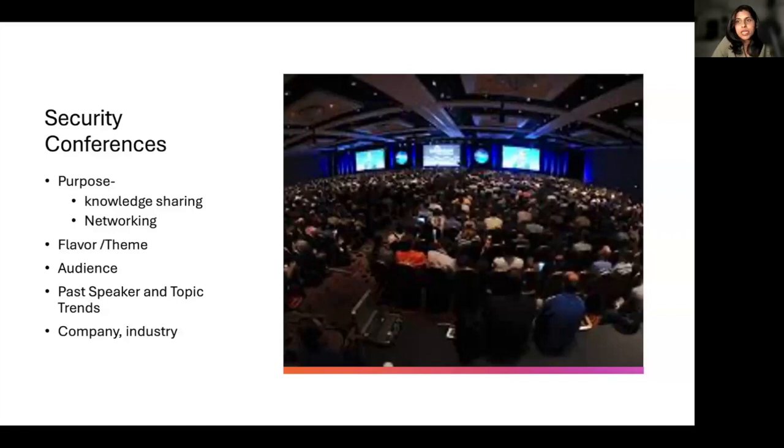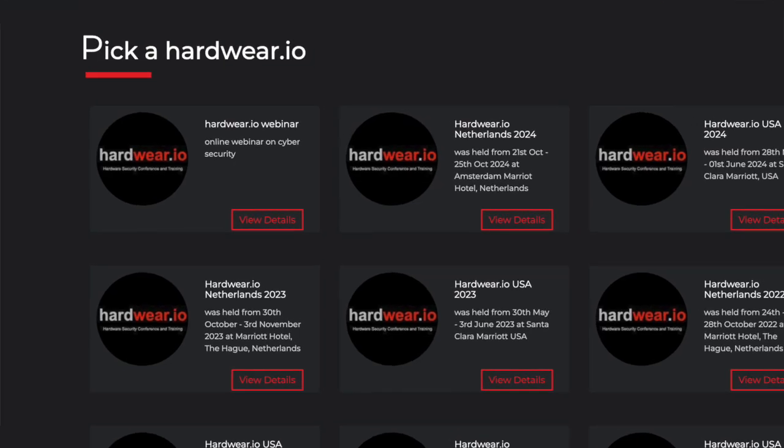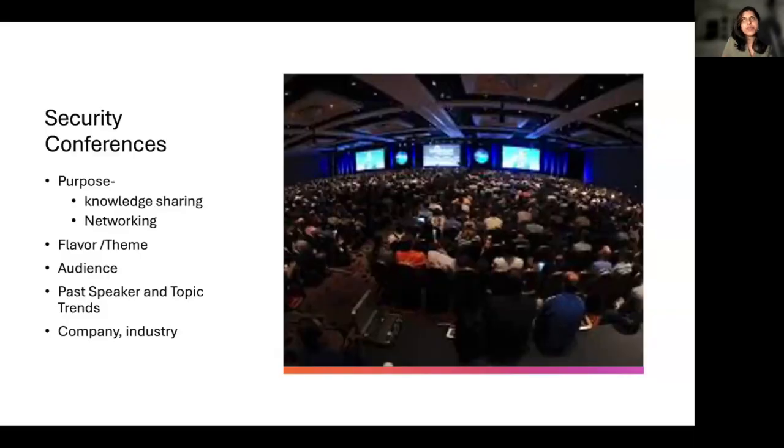The other thing is, just like I was saying, the flavor of the conference. Now, the flavor of the conference is not necessarily always the technical flavor. For example, some conferences like hardware.io are focused on hardware and research around hardware security. But that's not the case for all the other conferences.